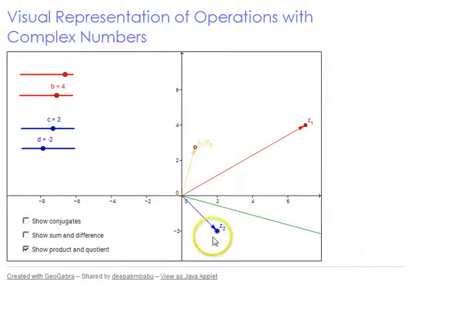The green one is Z1 into Z2, and the yellow one is Z1 divided by Z2. Is that okay? So it's pretty straightforward, nothing fancy.